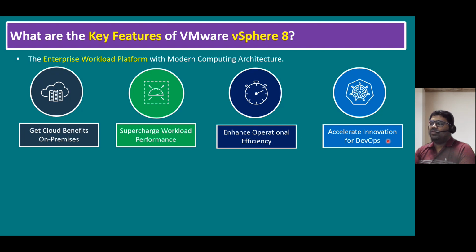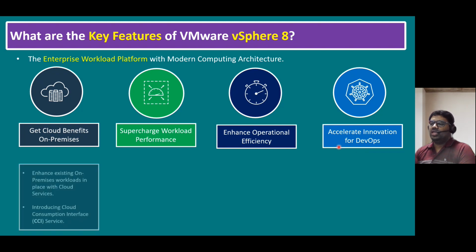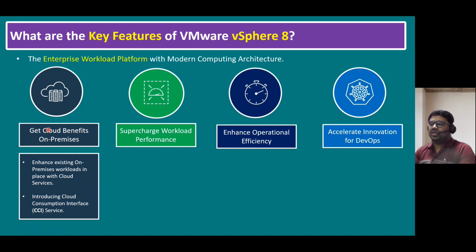And accelerate innovation for DevOps. Even DevOps users no need to work in a silo environment. Within vSphere, with one single pane of glass, we can support all the development and operations DevOps-related applications. Okay, and in addition to that, specifically for cloud benefits on premises, it means enhancing existing on-premises workloads in place with cloud services.